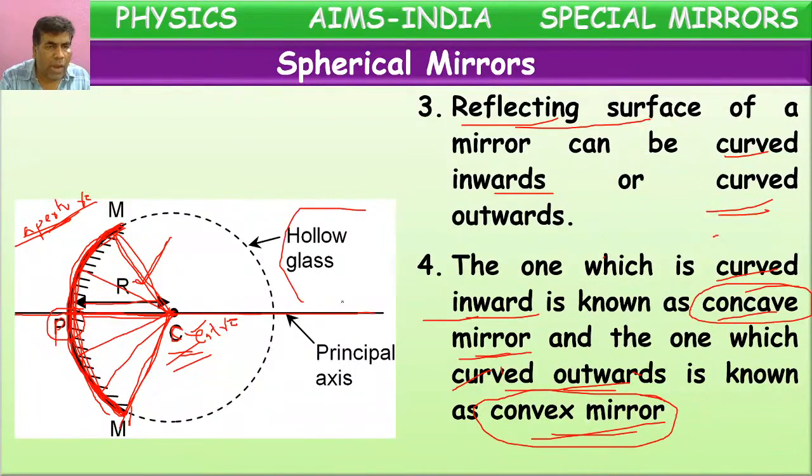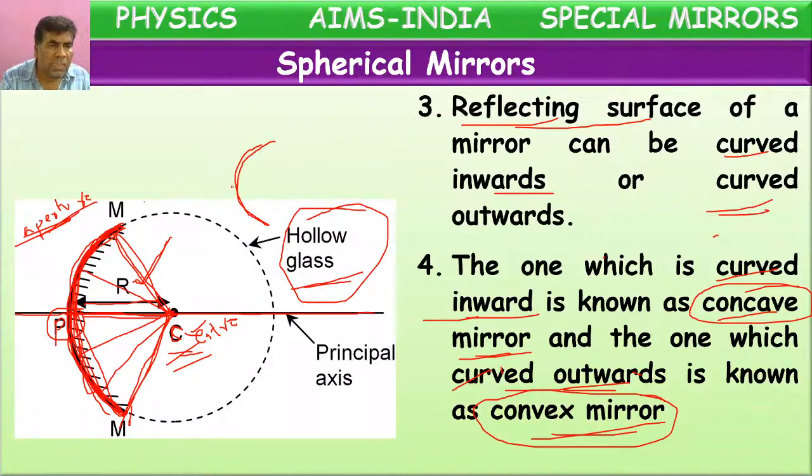Forget about this hollow glass. It is only for making the mirror. Once the mirror is formed, the remaining part we should omit. Only the mirror we have to consider. Other parts are not needed.